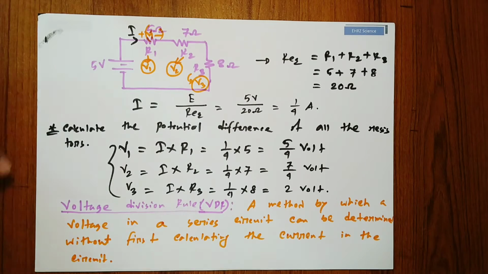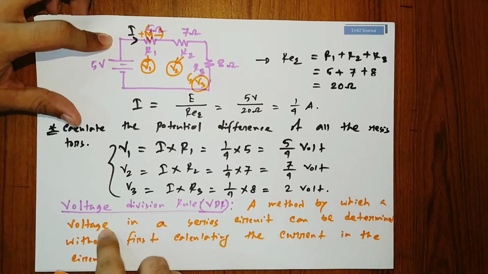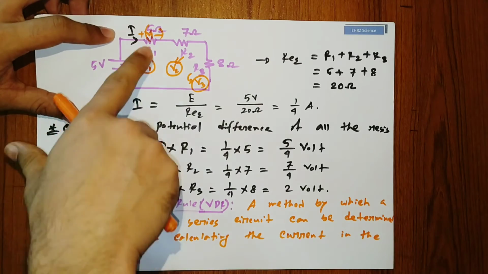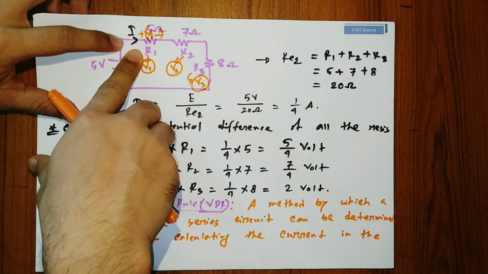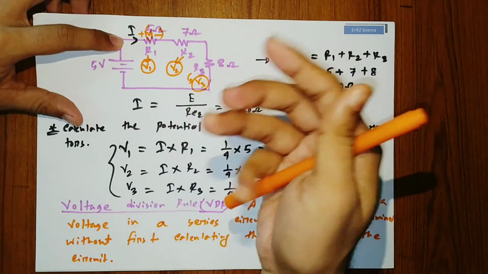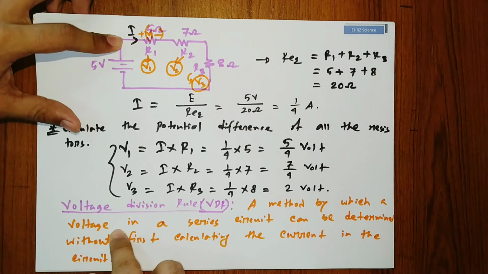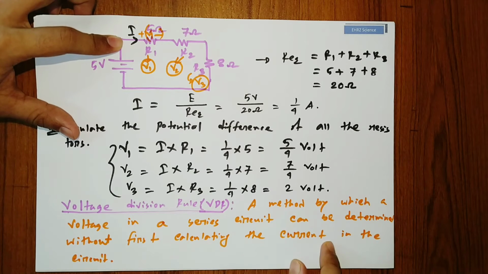Voltage division rule, or VDR, is a method by which a voltage in a series circuit, that means the potential drop in series elements, say the potential drop across R1 or across R3, can be determined without first calculating the current in the circuit.